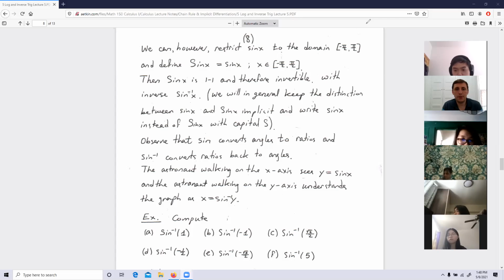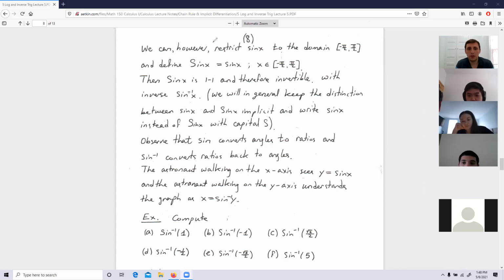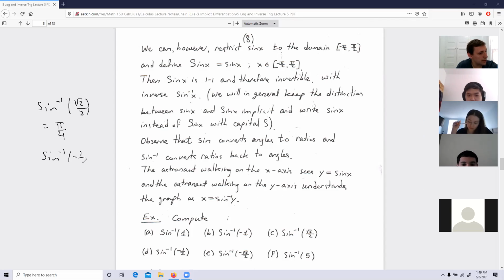The answer is pi over 4. So we say that sine inverse of root 2 over 2 is pi over 4. Now help me with the next one. What is sine inverse of minus 1/2? Very good, minus pi over 6, guys. You should be automatic with that.